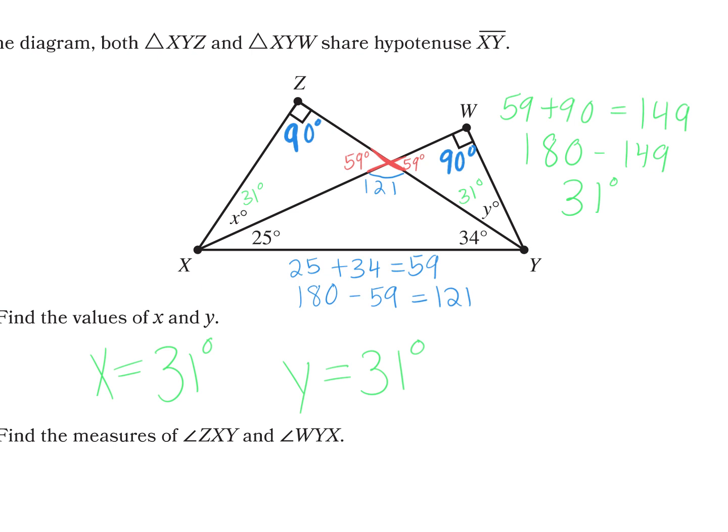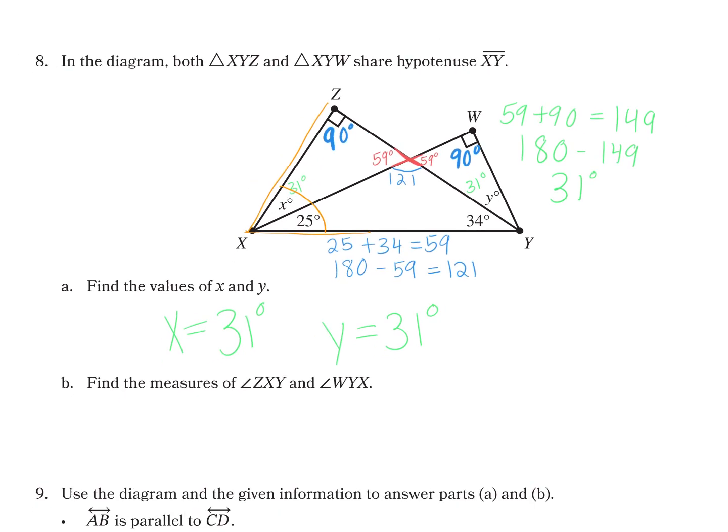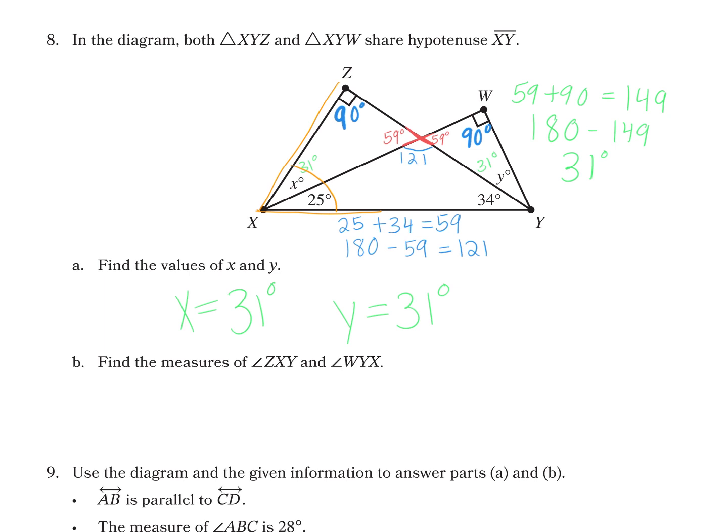Then it says to find the measures of z, x, y, which is from here to there, which means it's both of these together, right? So if it's both of them together, we have to add together that x, which is 31, plus our 25, right? So what's 31 plus 25? 56.